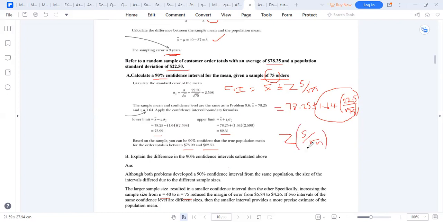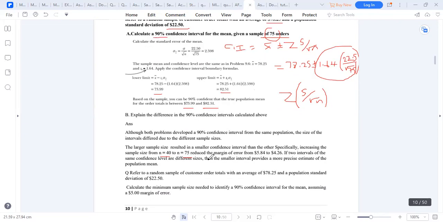If you have a larger sample size, it will result in a smaller margin of error. So we have two intervals and the examiner wants you to analyze the impact of sample size on the confidence interval. You should look at it in terms of the margin of error.